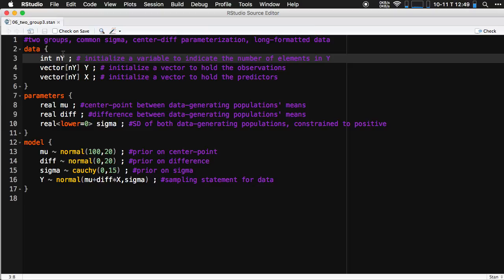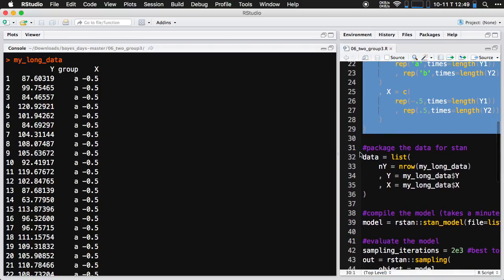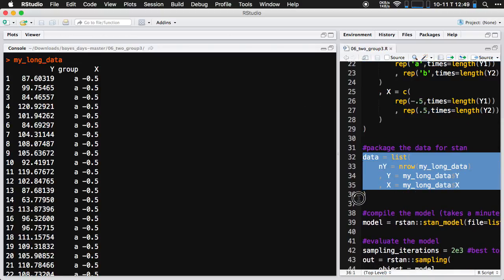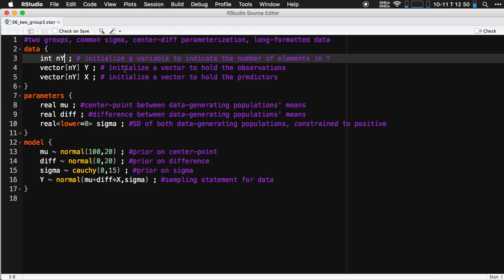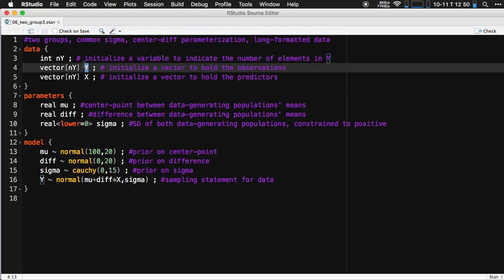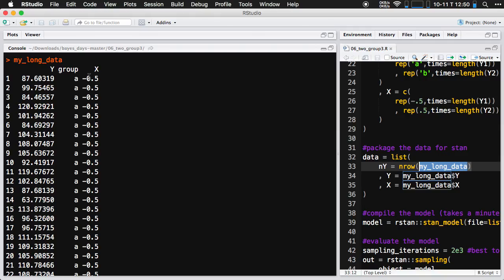So if I flip over to my R code, when I'm packaging up the data, I'm going to say ny equals, and use the nrow command. That counts the number of lines in this data frame. Y is going to be a vector of observations of length ny. X is a vector of predictors.